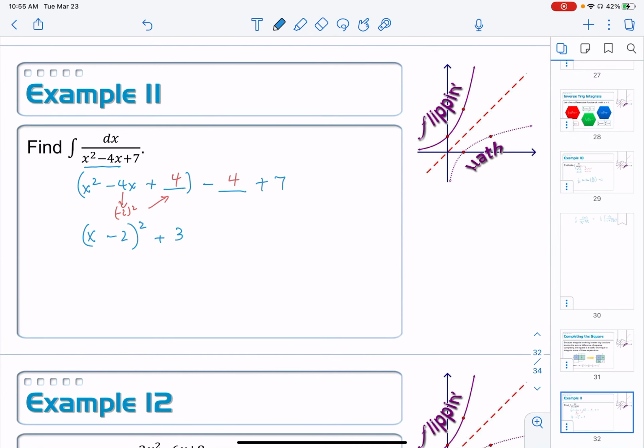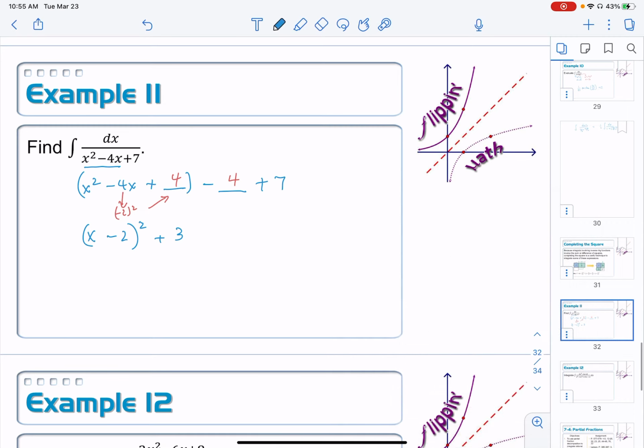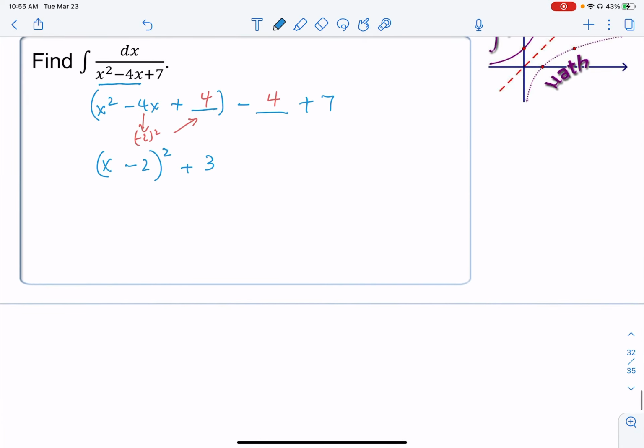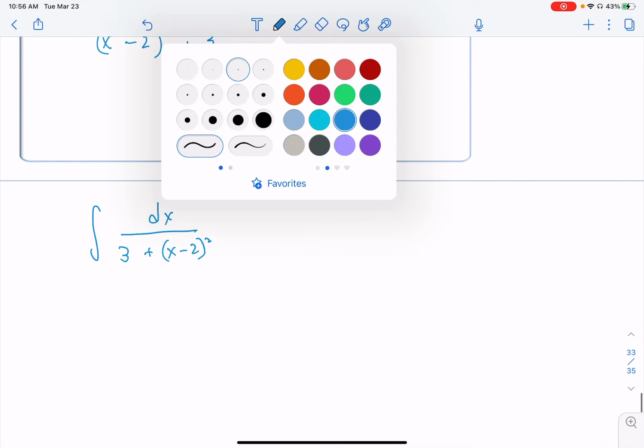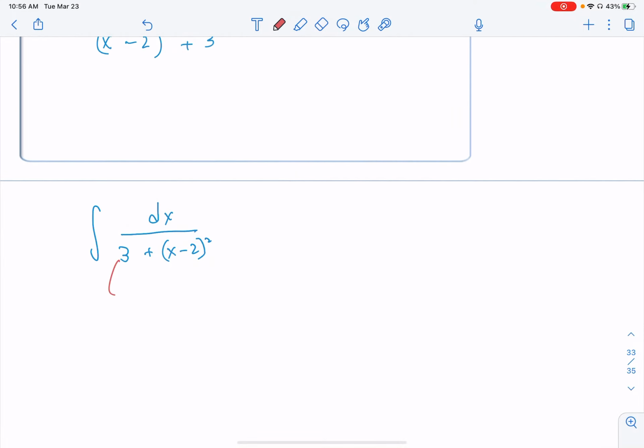Let's rewrite our integral so we can make it match up with the antiderivative rule. We've got the antiderivative of dx over 3, which I will write as our a squared, plus x minus 2 quantity squared. Remember, this 3 here is a squared, so a is equal to the square root of 3.